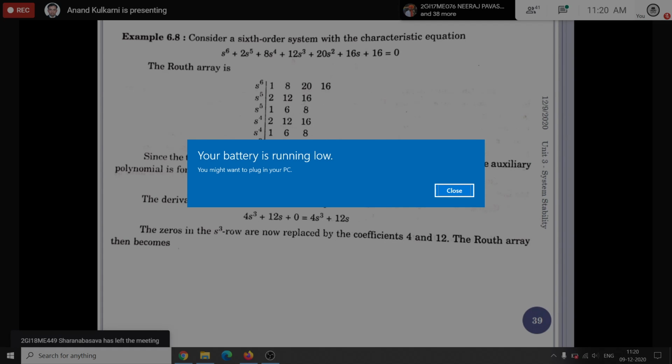It is the characteristic equation, sir, not auxiliary equation. Characteristic equation can be of any order. But how many orders we should consider to make the Routh array initially? No, order is the highest power of s in the equation. This is a sixth order equation, meaning 6 roots are there. Yes, sir. So it may be fourth order, third order, second order.